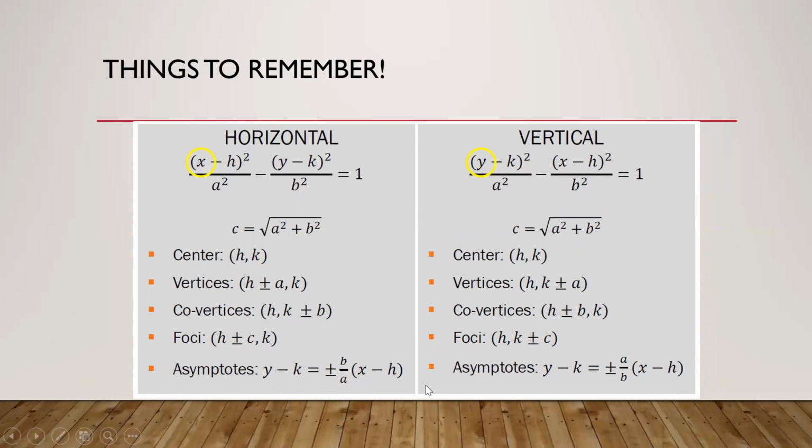And when y comes first, it's y minus k equals plus or minus a over b, parenthesis x minus h. So the only thing that changed was the b over a and a over b.